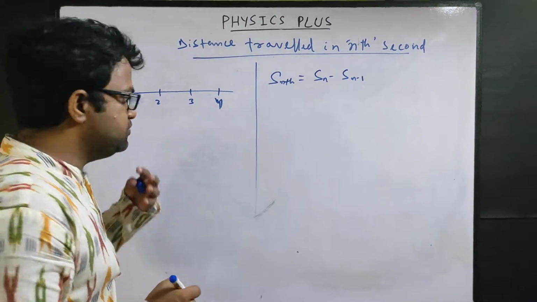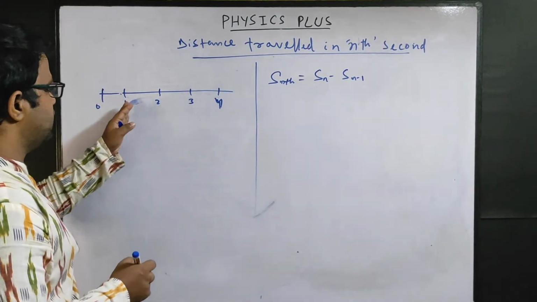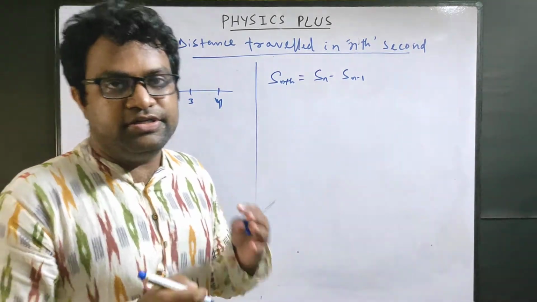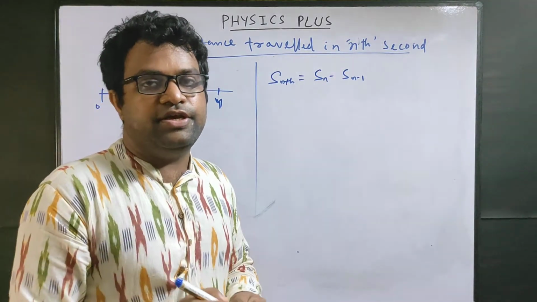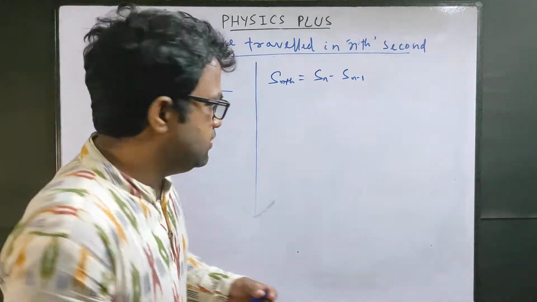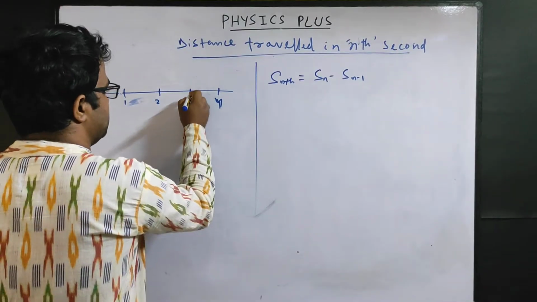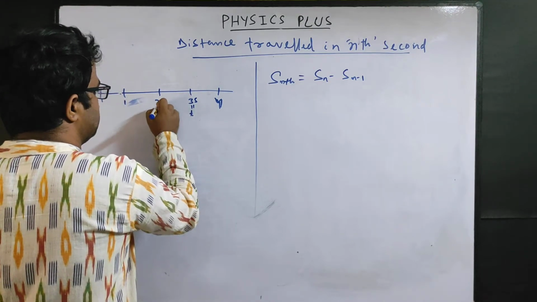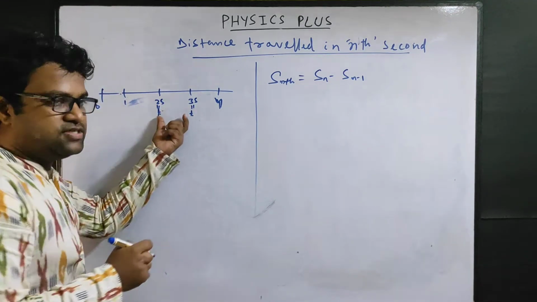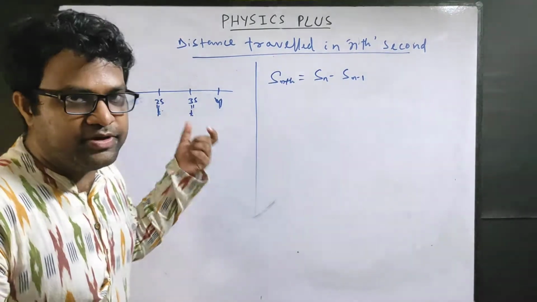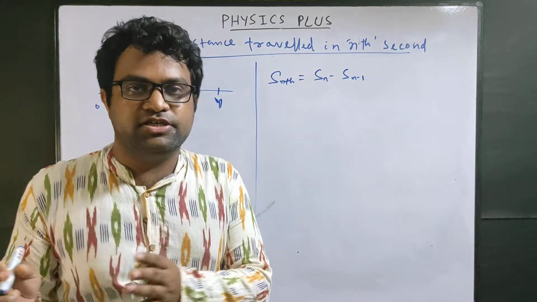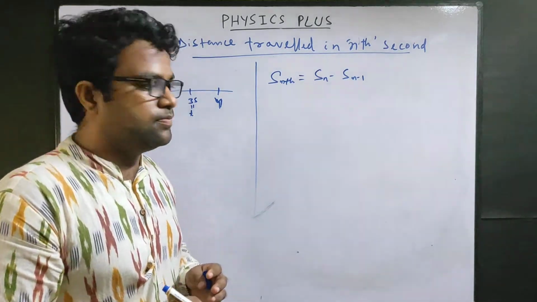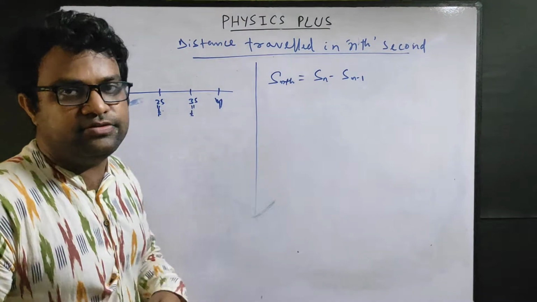If the object starts from 0, and I ask what is the distance traveled by the object in the third second, the third second means from t equal to 2 second to t equal to 3 second. Within this time interval, how far the object has moved, that is the distance traveled in the third second.